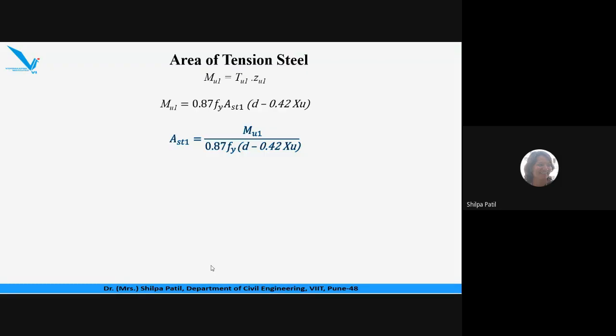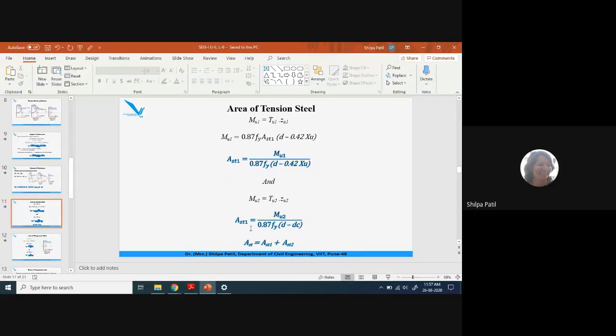The area of steel in tension provided in section 2 is denoted by AST2. For finding that, we make use of Mu2. Mu2 is equal to Tu2 into Zu2. Again, there is a correction, let me correct it immediately.